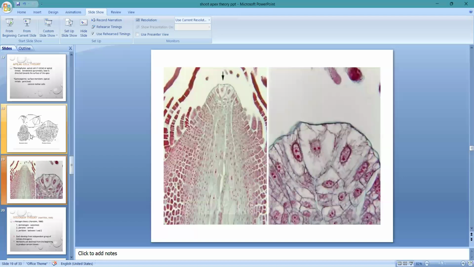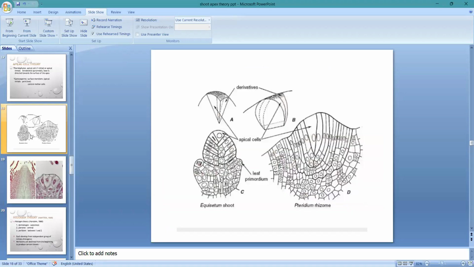Okay, so that is the apical cell theory. You understood the apical cell theory? According to that, only one apical cell is the structural and functional unit of apical meristem. It was assumed that the plant body arises from a single cell and its derivatives.